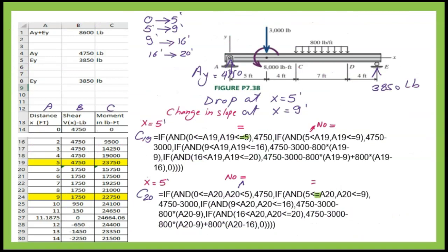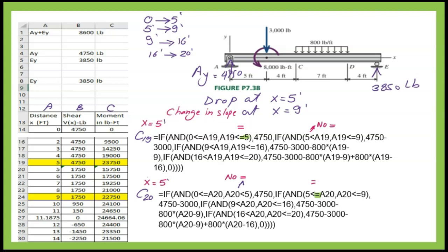In the next slide, we want to get the values by using the Excel sheet. This is the Excel sheet I have used. The sum of AY plus EY equals 8,600 pounds, which are the 3,000 plus 800 multiplied by 7.